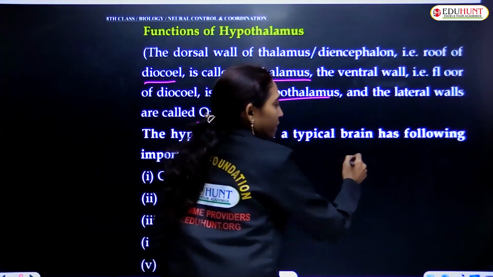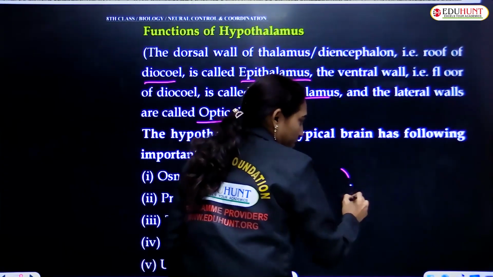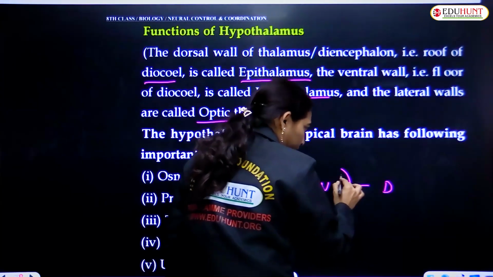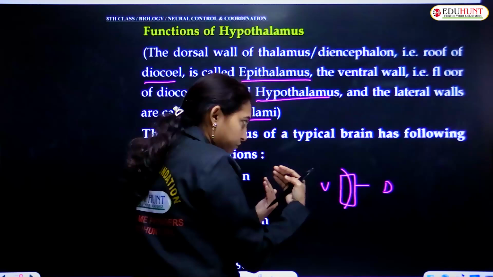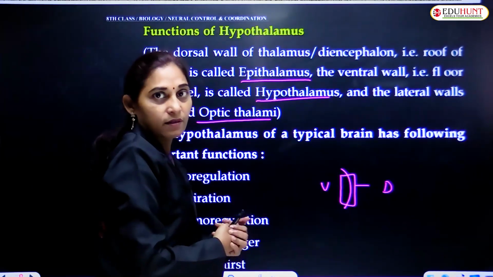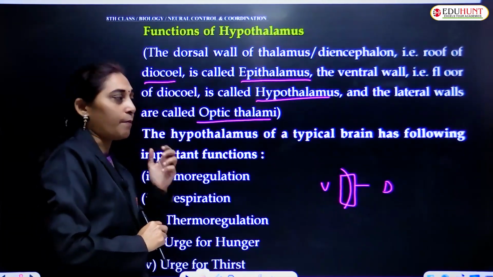So, for example, this is the dorsal, this is the ventral, and these sides, towards me and towards the back, are the lateral sides. They are called the optic thalami.